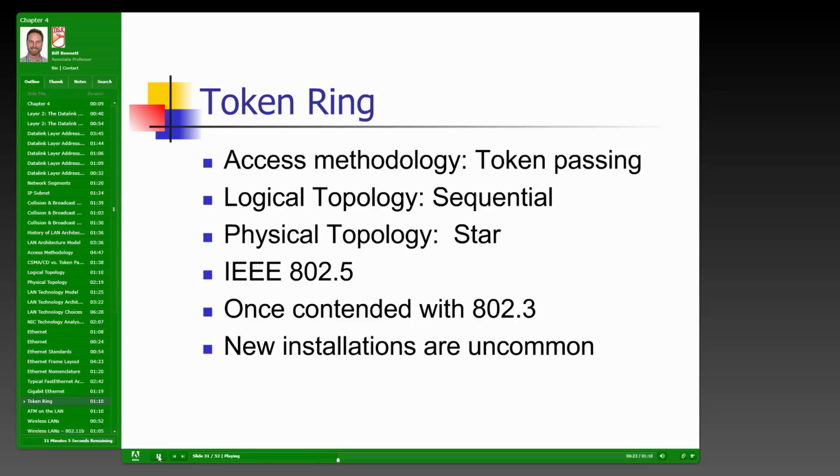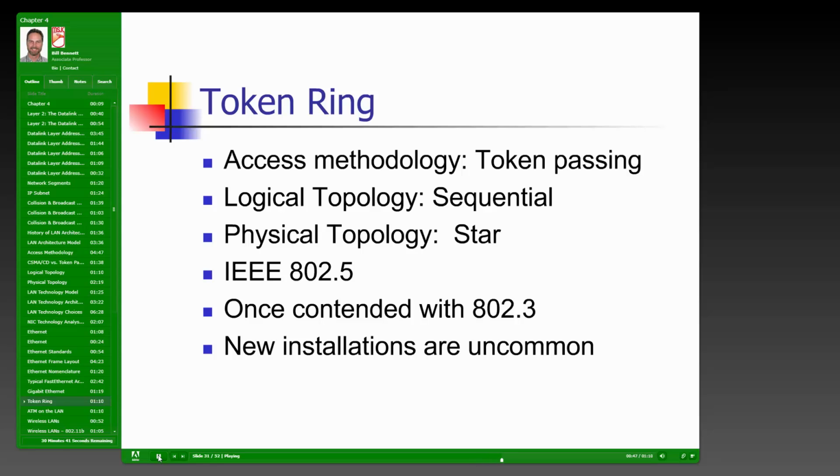The physical topology uses a central concentrator and is connected by cabling coming out of it. It's called a MAU, but it looks very much like a switch, and so it uses a physical star topology. It's defined by the IEEE in their specification 802.5. That's known as token passing on a star topology.